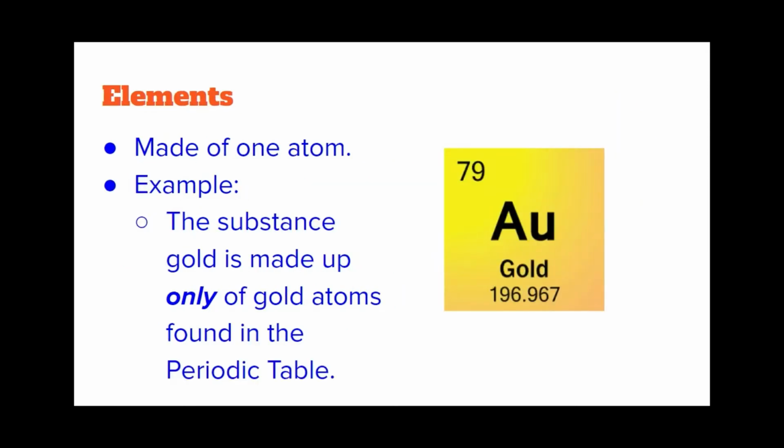Elements are made up of one atom alone. So, for example, the substance gold is made up only of gold atoms found in the periodic table. Let me clarify that and say that elements are made up of one type of atom.